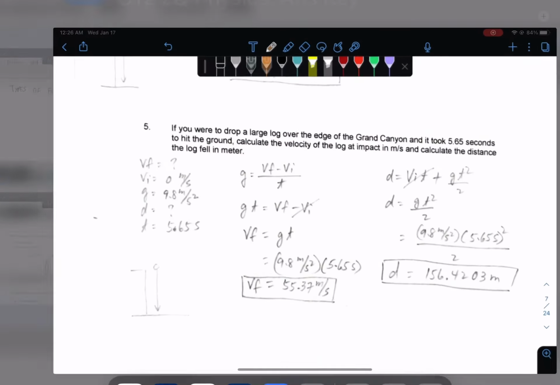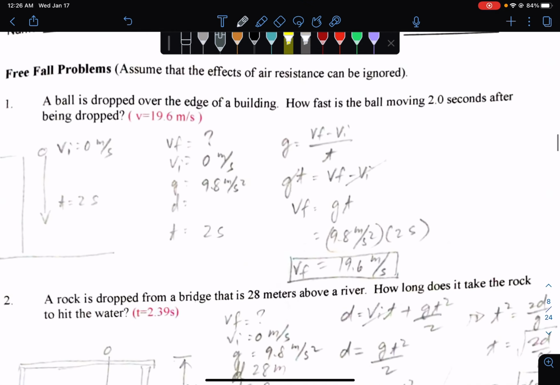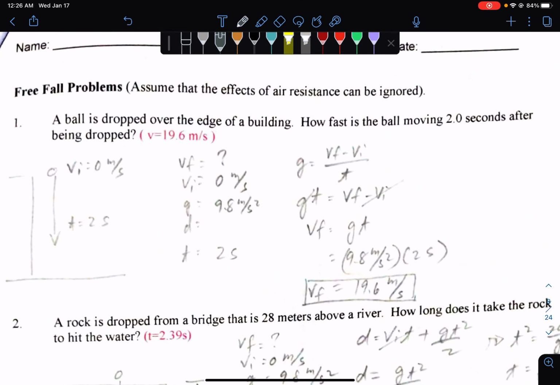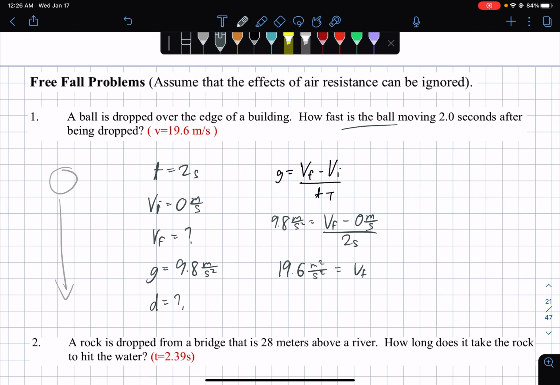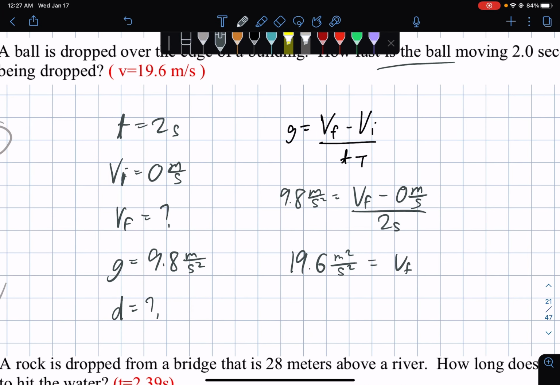Let's see what the answer key has. Oh, I'm so sorry.